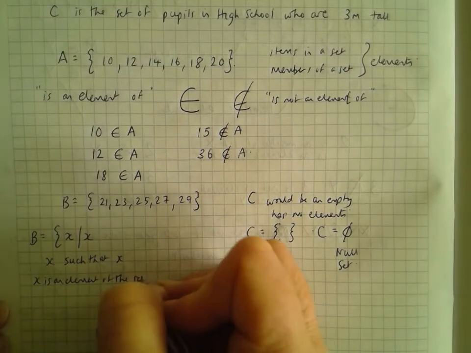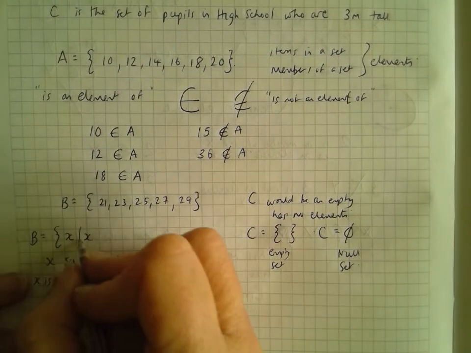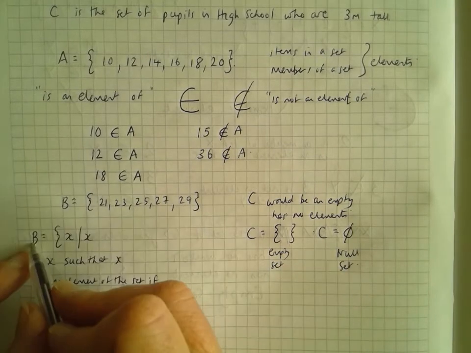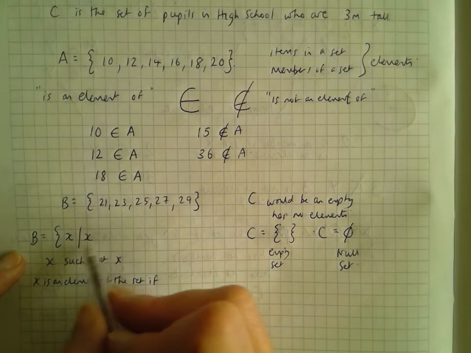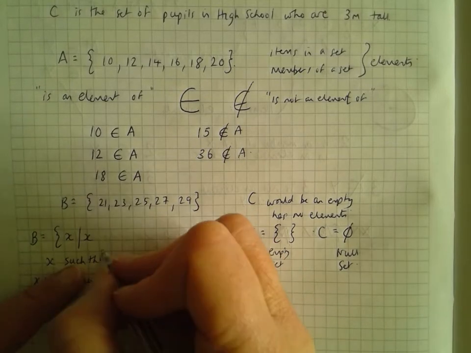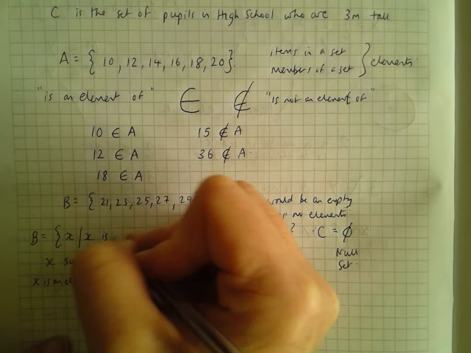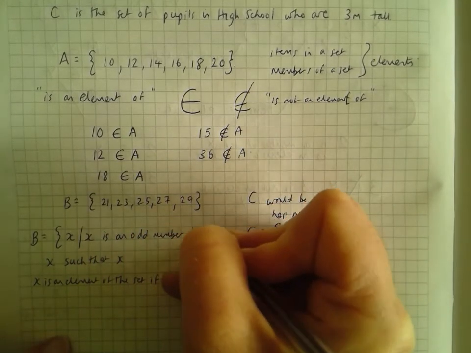So X such that X. This is the set, remember, of odd numbers between 20 and 30. So set B equals the set of elements X if they are odd numbers between 20 and 30. X such that X is an odd number between 20 and 30.